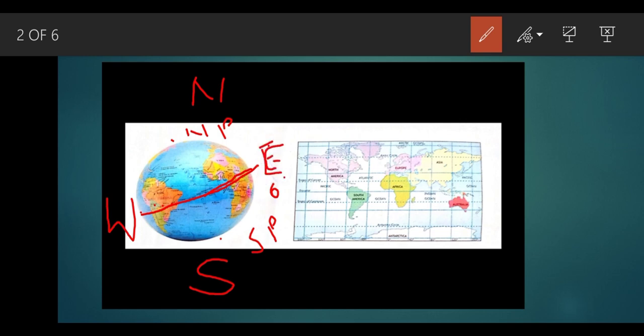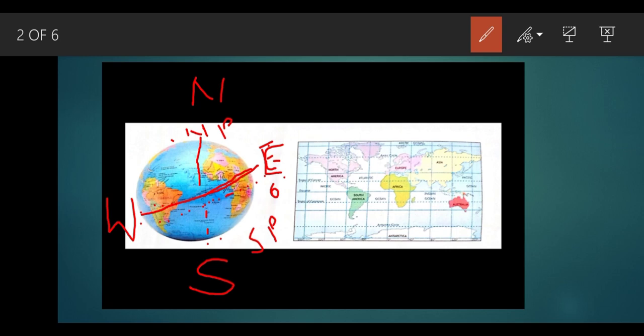All right, now children, there are a few lines on the globe which run from east to west, like this, and a few lines run from north to south. It is very much clear in the map but not on the globe. Now these lines are called the lines of longitude and latitude.